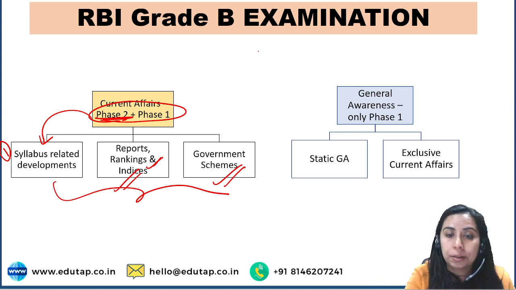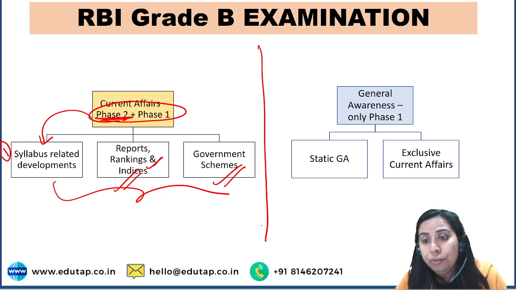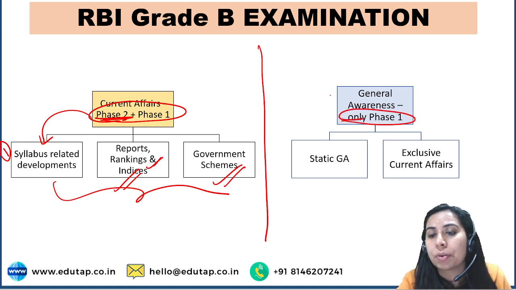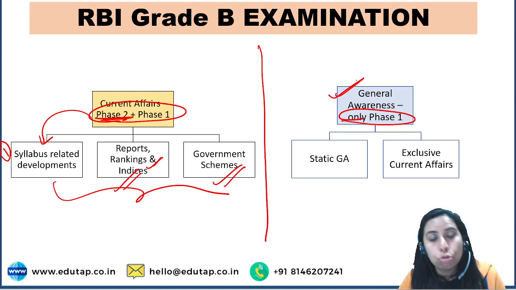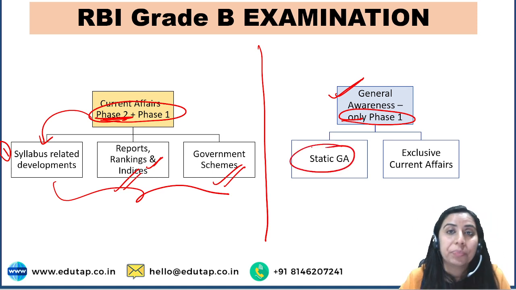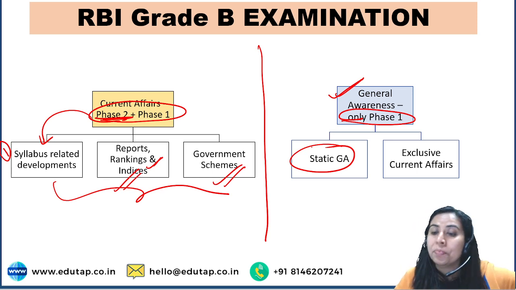Now this is not it. This is together for phase 2 and phase 1. There are a few things that are only for phase 1, which we call general awareness only for phase 1. It includes two things. Static GA, general awareness, which is static, which does not change. I'll tell you what it is. When I tell you the topics, it will be more clear to you. And exclusive current affairs.